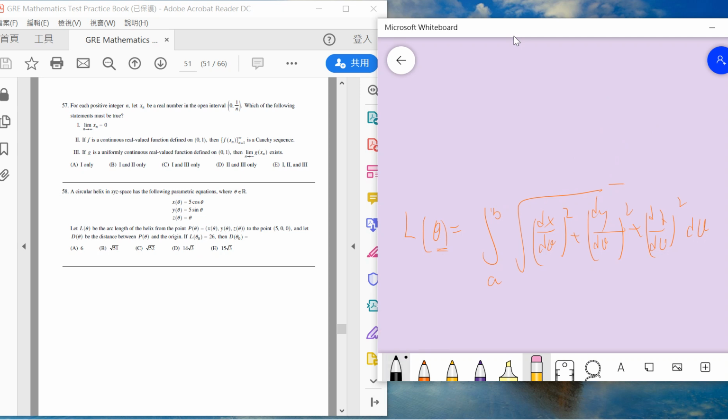First, the starting point is (5, 0, 0), so 5 cosine, 5 sine, and so on. At the starting point, theta equals 0, so A is 0.